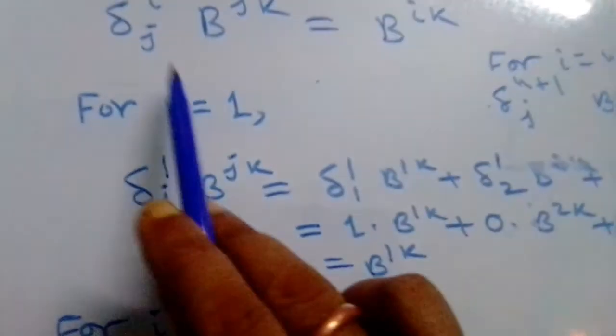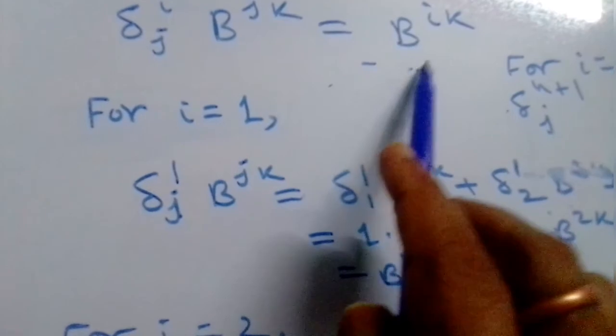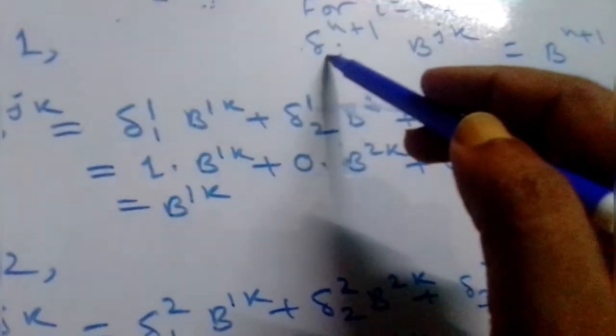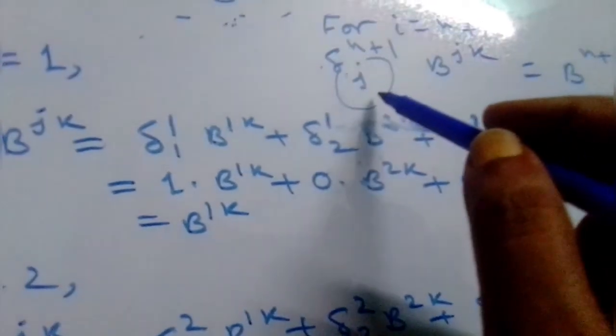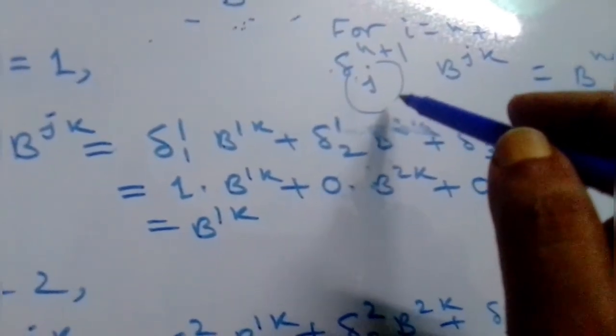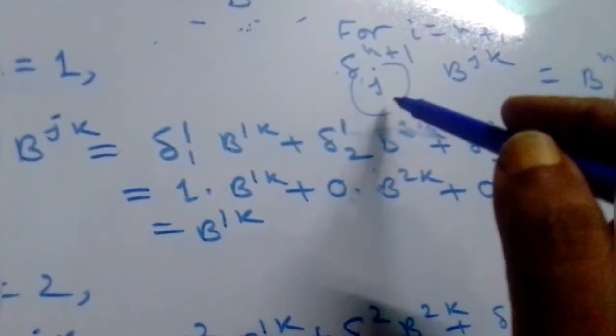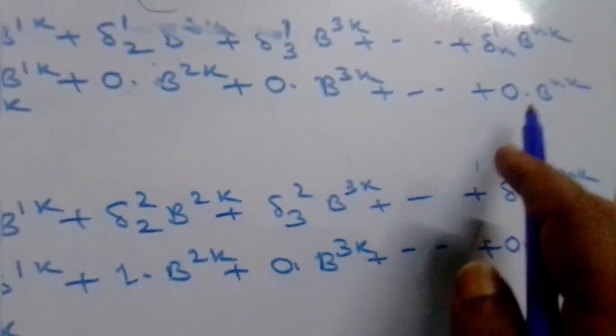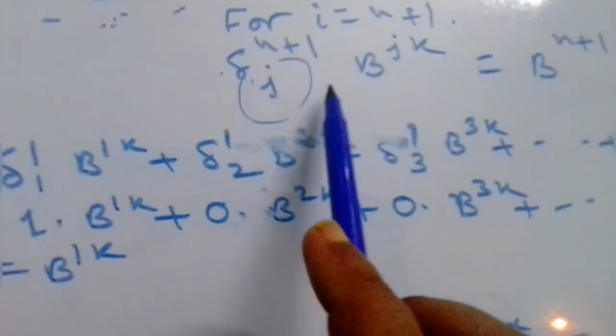If someone asks why j runs to n plus 1, it is the further extension: we already took all components from 1 up to n, but if we extend n to n plus 1, this result is also valid.